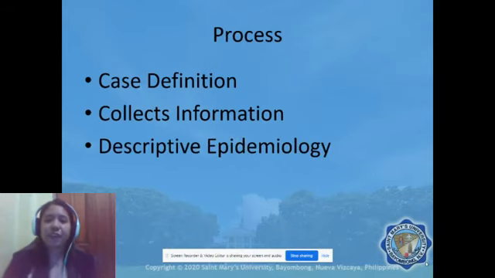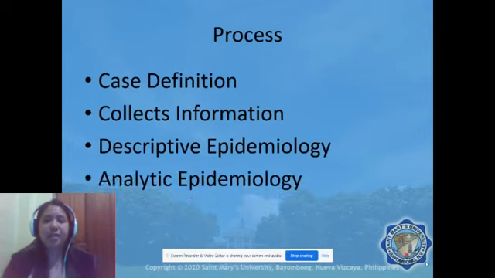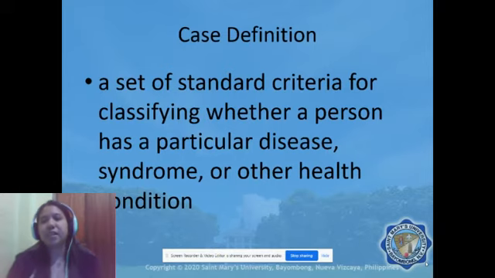And then after that, they can make use of descriptive epidemiology by computing the rate, so they have to consider, as mentioned, the correct denominator. And lastly, analytical epidemiology, to compare, not just to describe the distribution, but also to determine the possible determinants. So let us talk more about case definition.